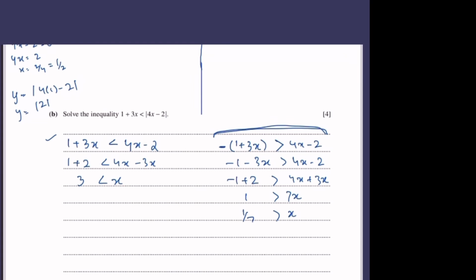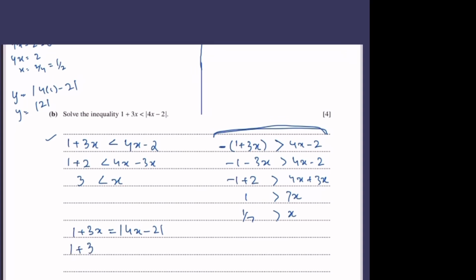Since this is case 2, we have to check the validity of the roots. So how can we check that? We are going to consider this inequality as an equation first. And then we're going to put these critical values of x into the equation and see whether both sides are equal or not. So first let's put in x equal to 3, like 3 is less than x.